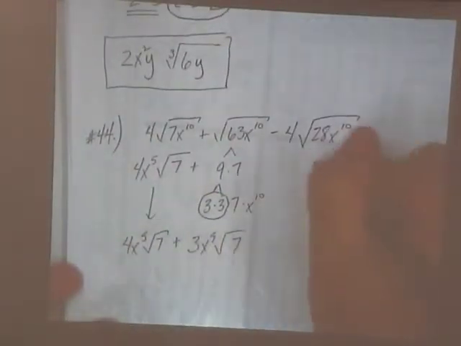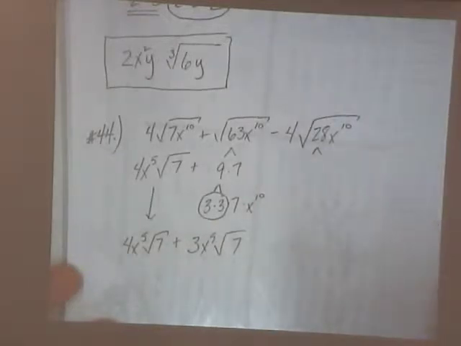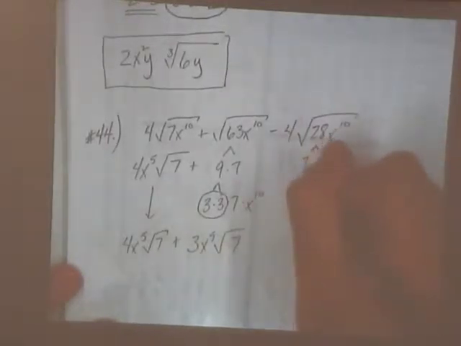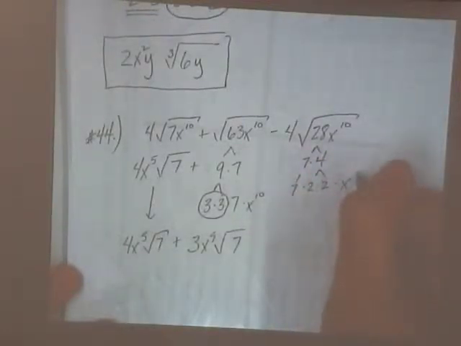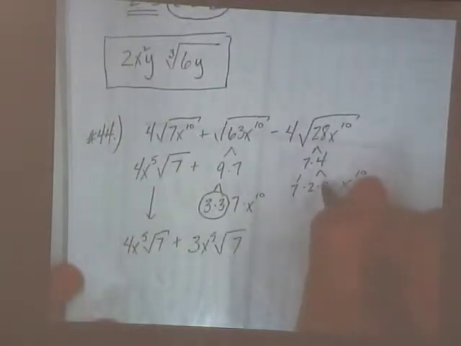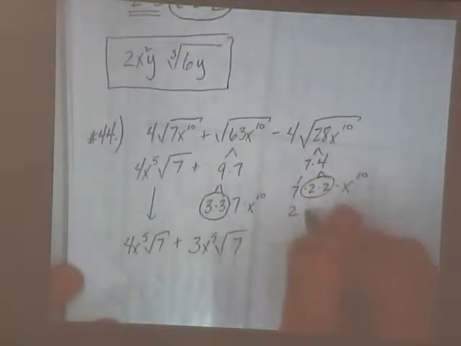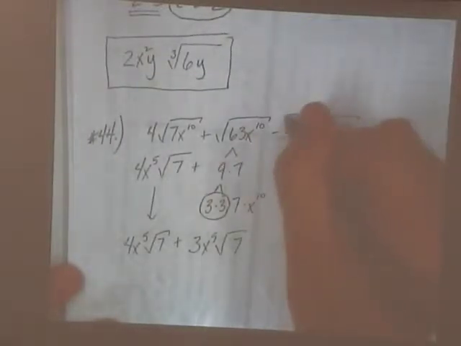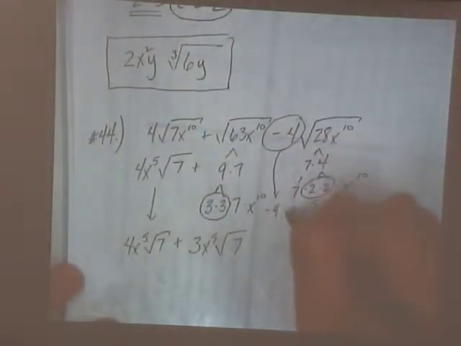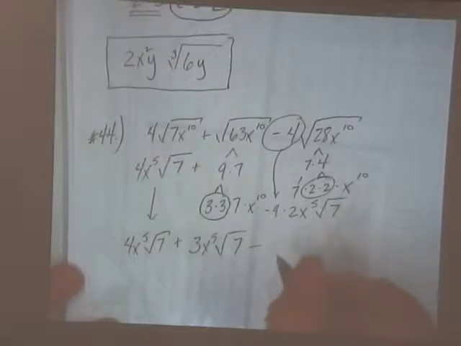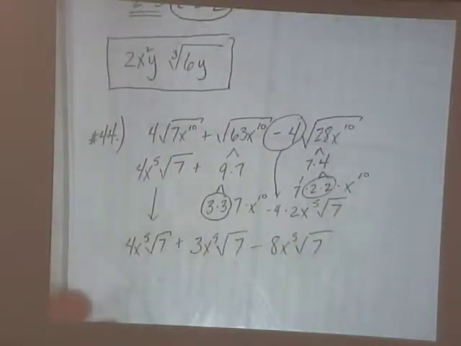Same thing for the 28. 7 and 4. Pair of 2s, we'll pull one of those out. x to the 5th, square root of 7. Don't forget this. So that'll end up being minus 8x to the 5th, square root of 7.